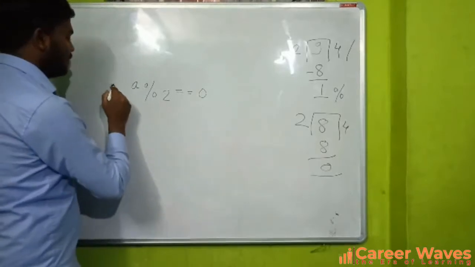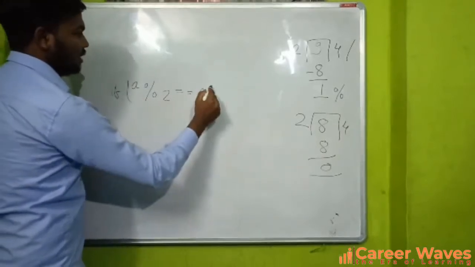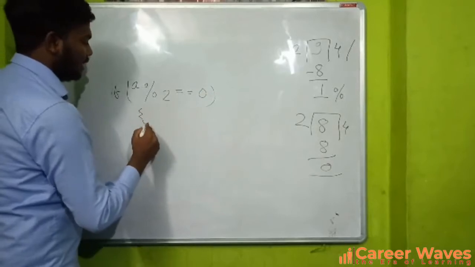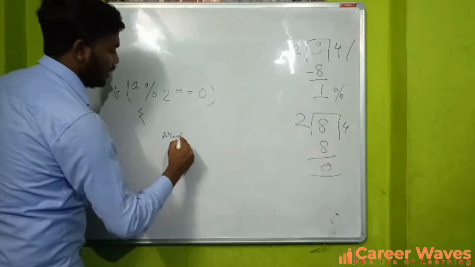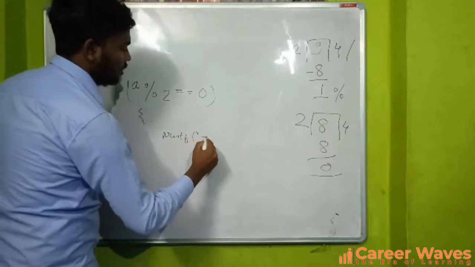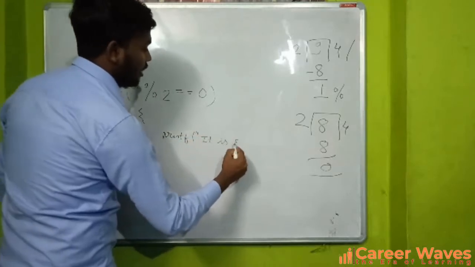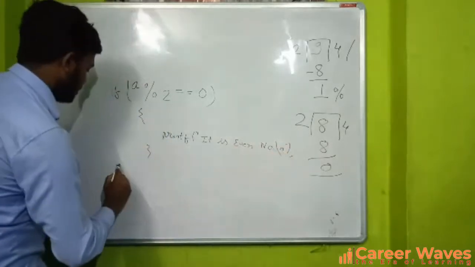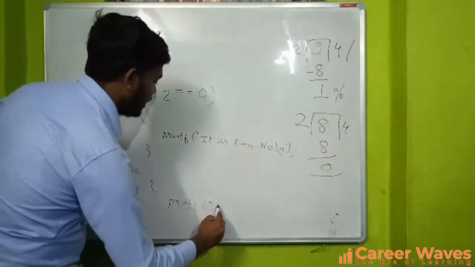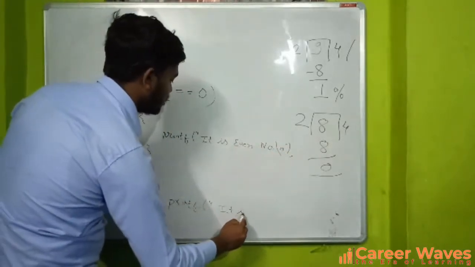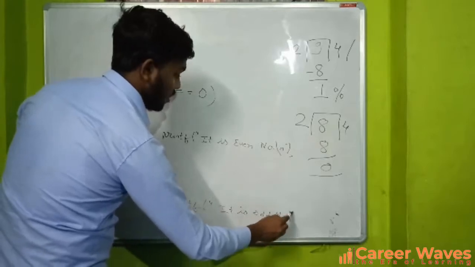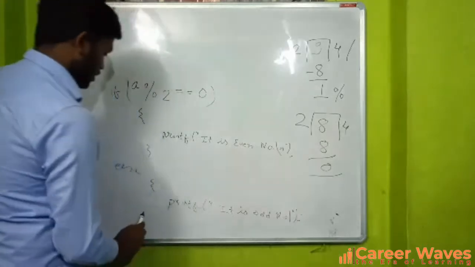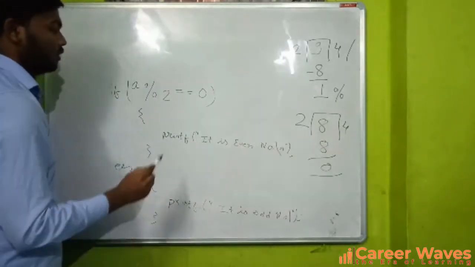So printf it is an even number, else printf it is an odd number. So this is the code.